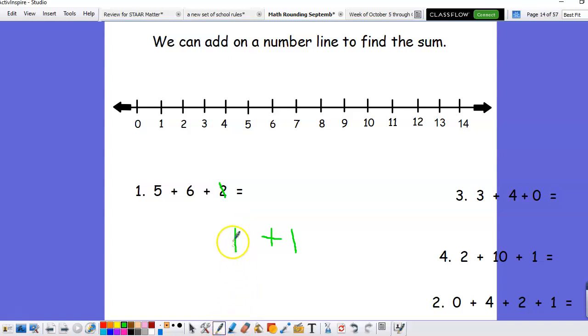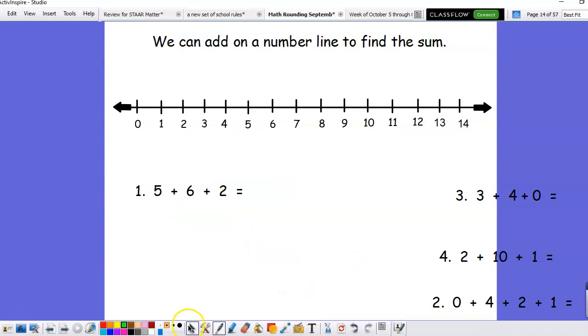Then we can take this 1 and add it to this 5, which would change that 5 to a 6. Boom. Now it's 6 plus 6, which we know is a quick double, which is 12. And 12 plus 1 would be 13. Just another quick way to understand how to break apart numbers, and play with the numbers to make math quicker and easier and faster.